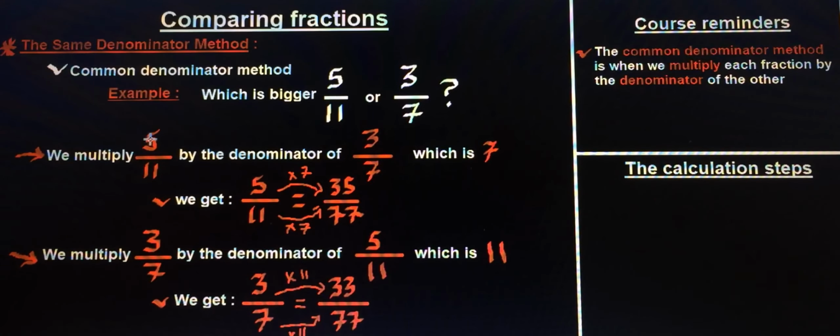We multiply 5/11 by the denominator of 3/7, which is 7. We get 35/77. We multiply 3/7 by the denominator of 5/11, which is 11, and we get 33/77.